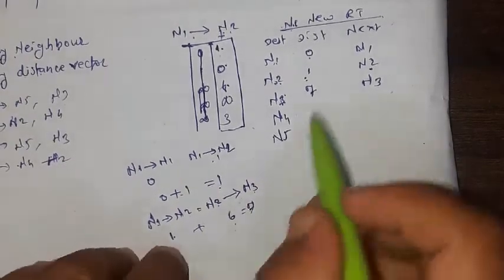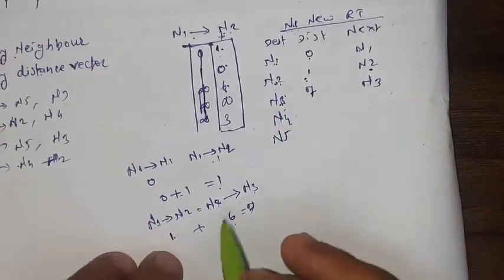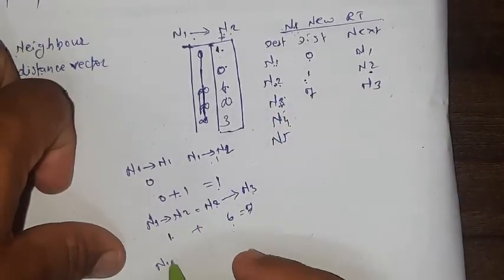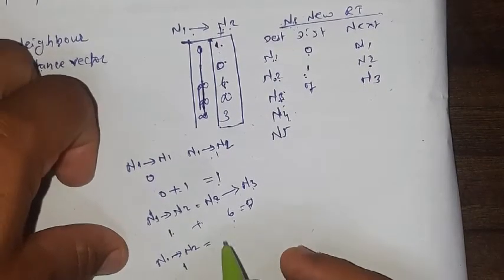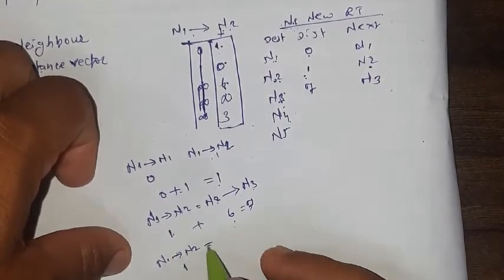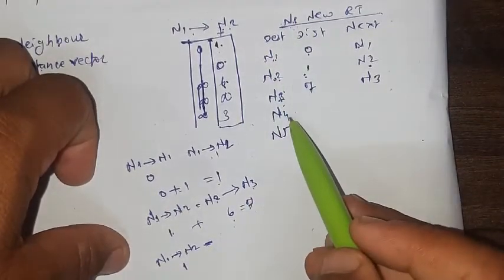Okay, the next, n1 to n4. We know the value of n1 to n2 is 1. Definitely we go through n2, because directly n1 to n4 we cannot move.